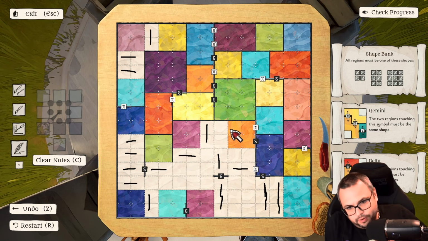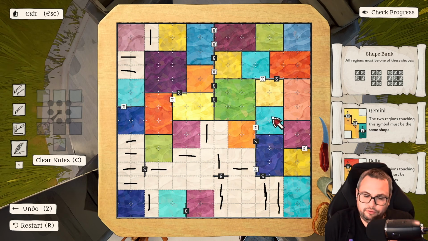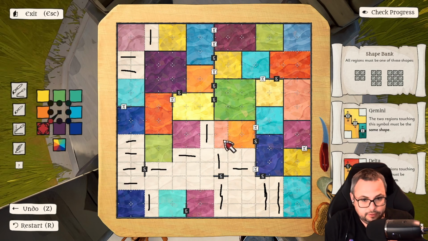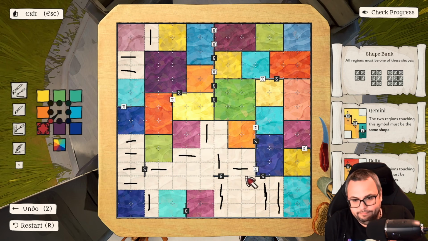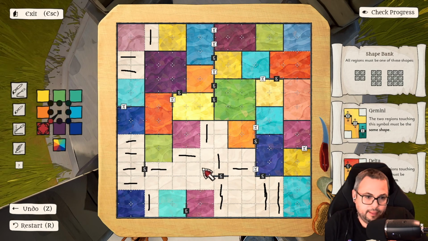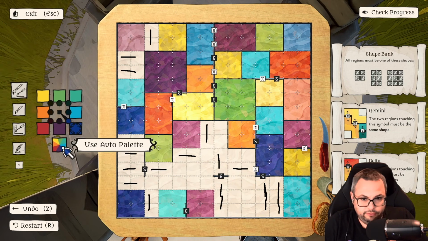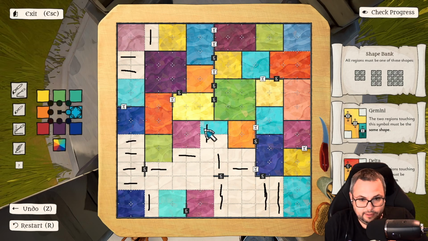Okay, this orange is... Oh, this orange is a 2x2. It's the same as a 2x2. The same as a 2x2 as a 2x2. That allows me to stick in a light blue here, which is definitely different from that one. Oops.